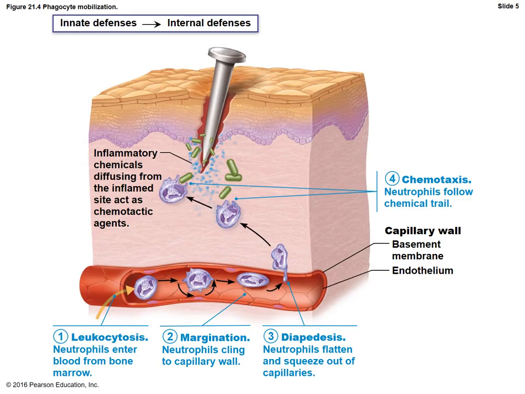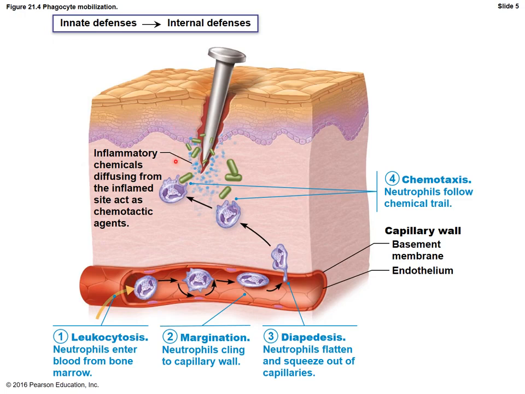So this is showing over here an example of what may happen. I'm trying to pull up a pointer so we can walk through this. So you've had apparently an unlucky day, and you have got a nail that has penetrated and caused an injury here.